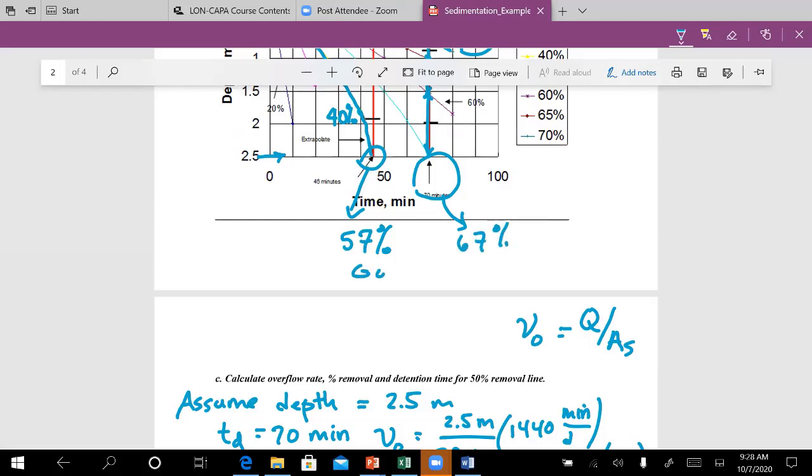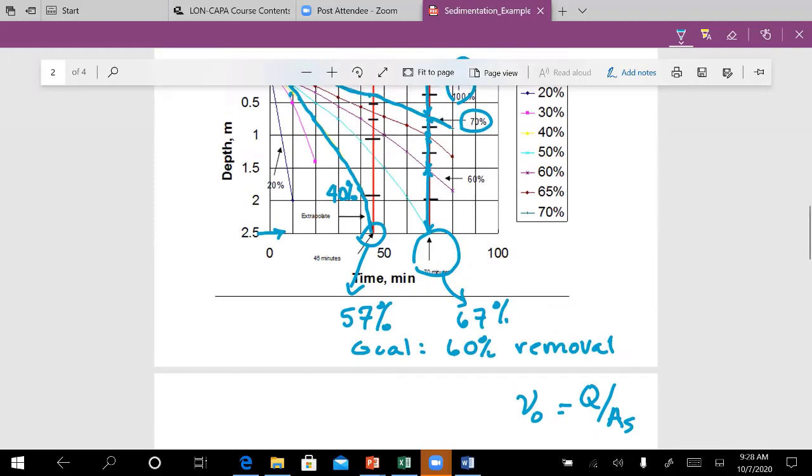And the goal was 60% removal. So that's typical removal one would achieve in a primary sedimentation basin in a wastewater treatment plant.